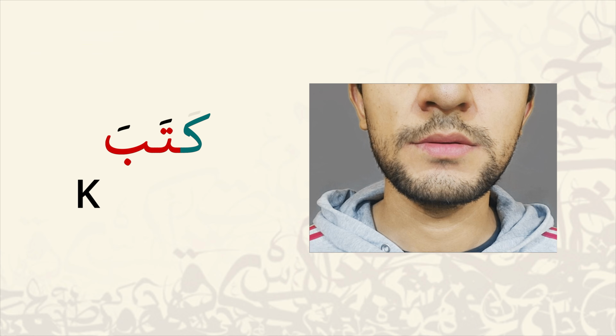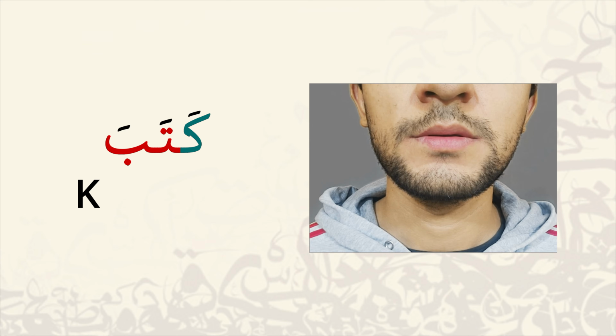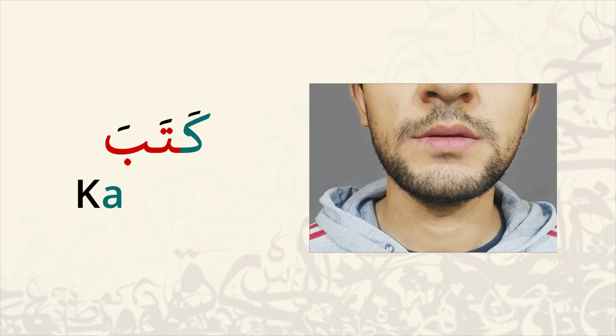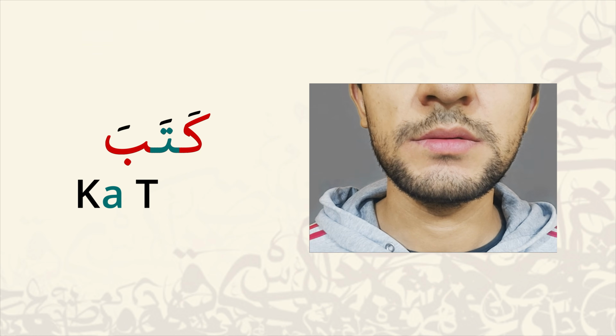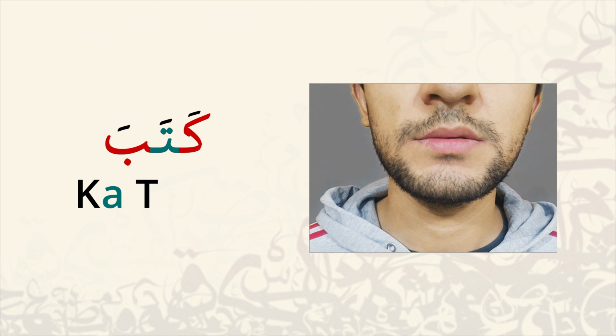It has fatha on top, which is given the sound a. So this letter is pronounced as ka. Then repeat the process with the remaining letters. The second one has the sound t, and the label is fatha as well. We add a: ta.